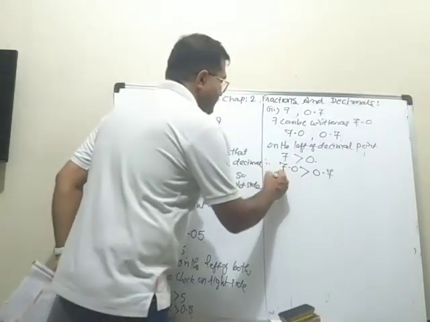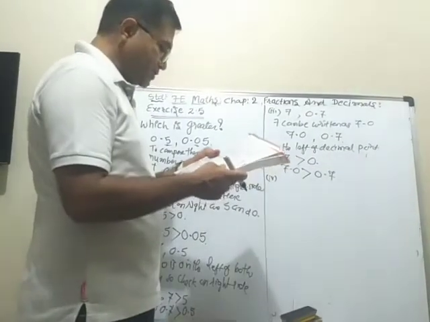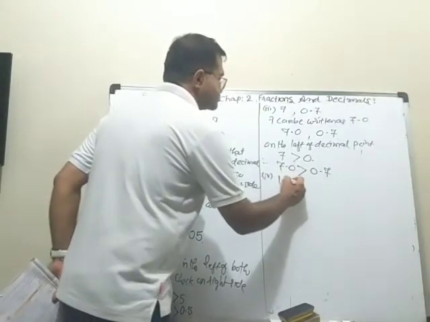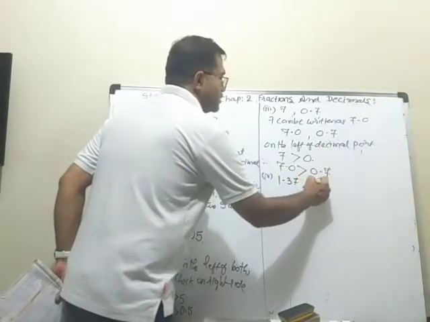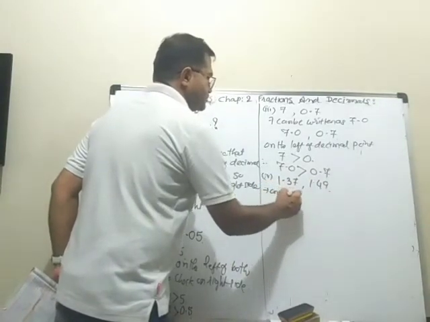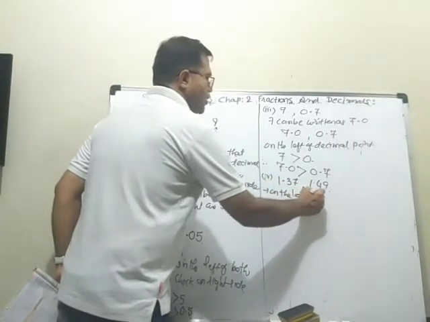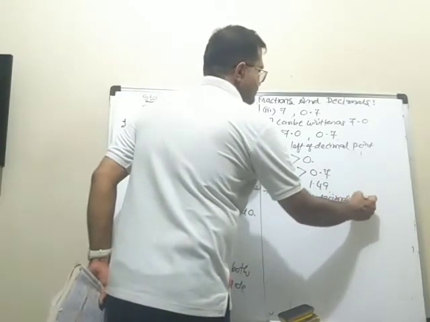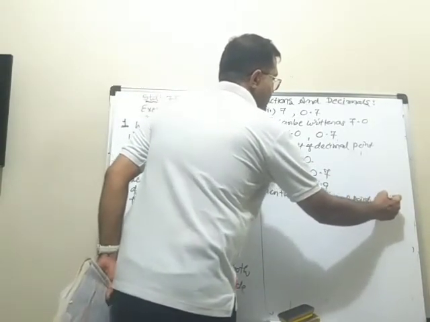Then the fourth pair is given like 1.37 and 1.49. So here the numbers on the left of the decimal point are equal.